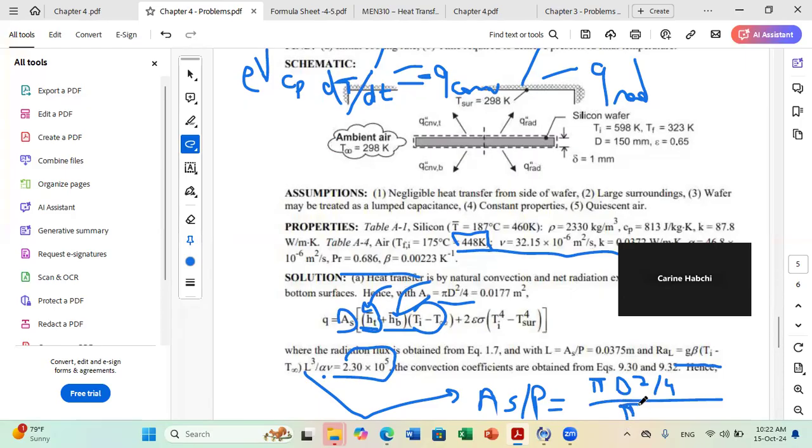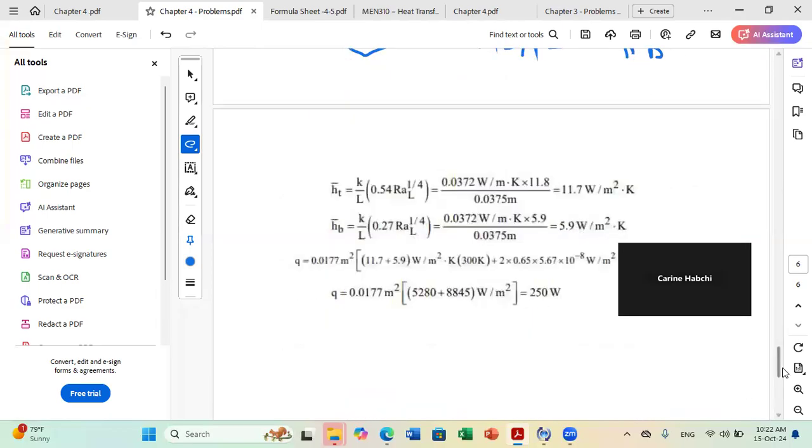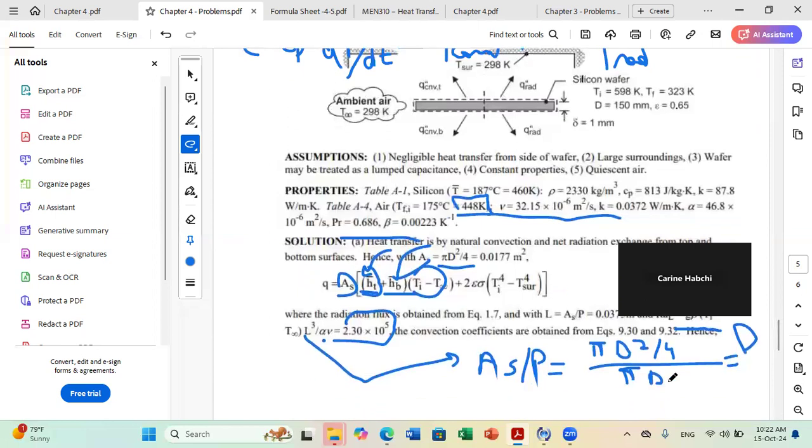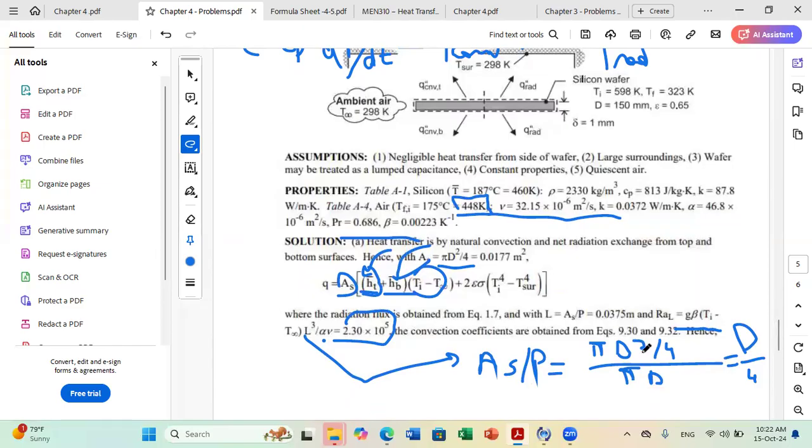So the characteristic length for a horizontal circle is d over 4. Okay, and now all we have to do is to replace in Rayleigh. Rayleigh is the same for top and bottom because same characteristic length, same properties of air. So I calculate Rayleigh number. Okay, so Rayleigh is 2.3 times 10 to the power 5.